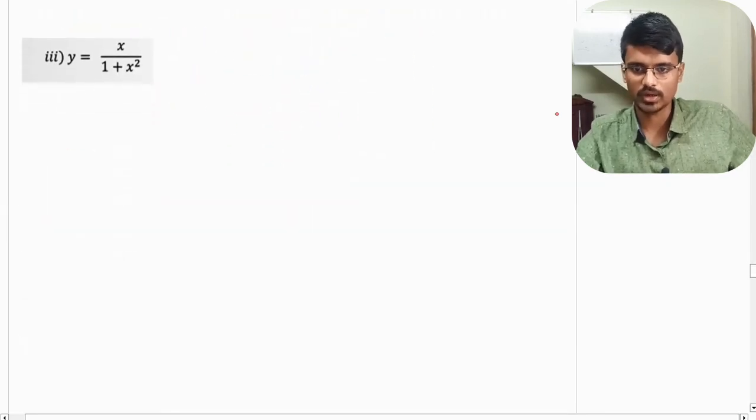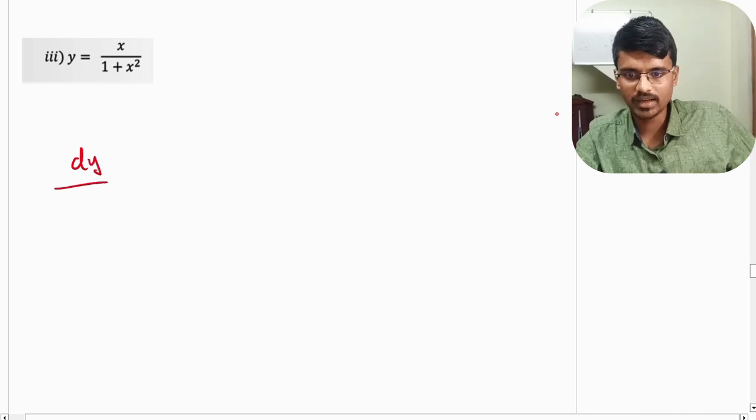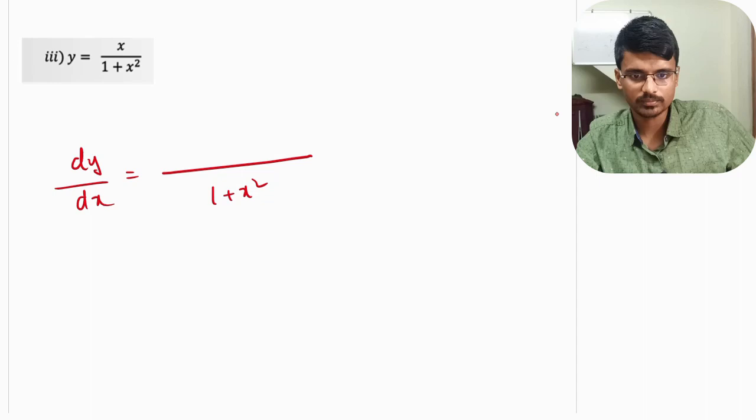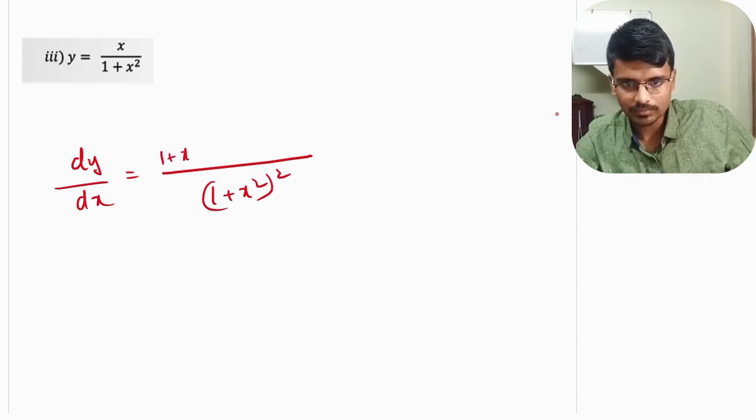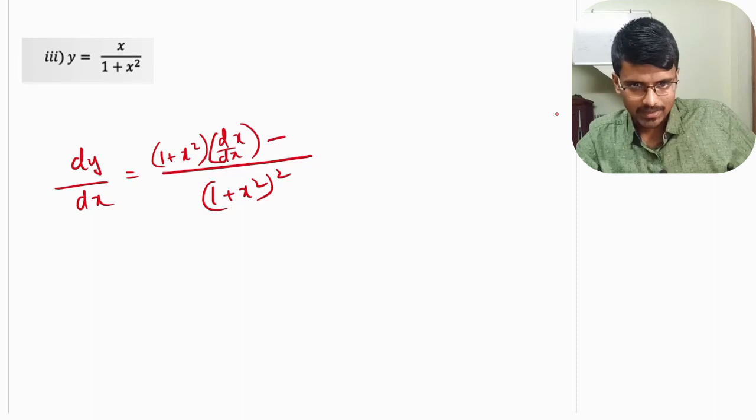Okay, here we have got it. dy by dx. We'll take the square of the denominator. Take the same term here. Now differentiate the numerator, differentiation of x, minus x times the differentiation of the denominator, 1 plus x square.